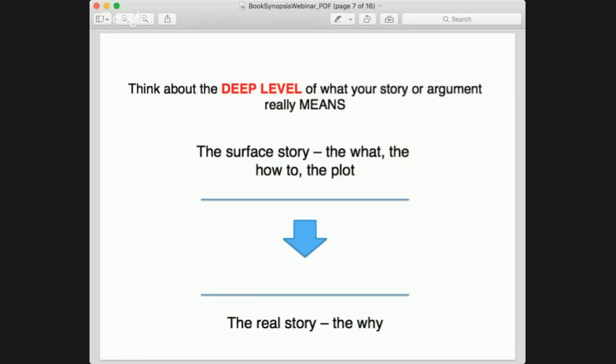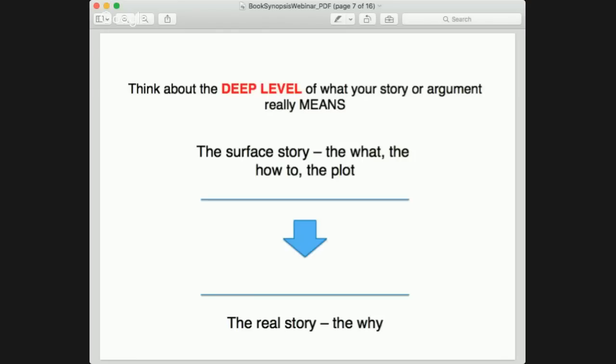And I think if you read all of the samples through, you will start to see that pattern. You'll start to see why they draw you in and how they've got that narrative drive and how they've got that deep level why. They all have it. Every genre has it. So I urge you to read all the samples to really get a feel for this and a sense of how it goes.